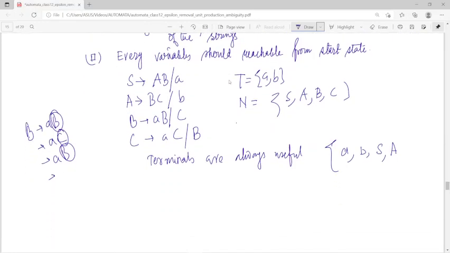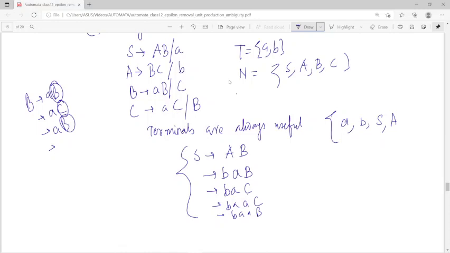Because if we start from S, there is AB. Say in place of A we place B, so in place of B we have to substitute either AB or C, or in place of C I can substitute B. That means from the start state you cannot generate a string by these productions. So of course B and C are useless.